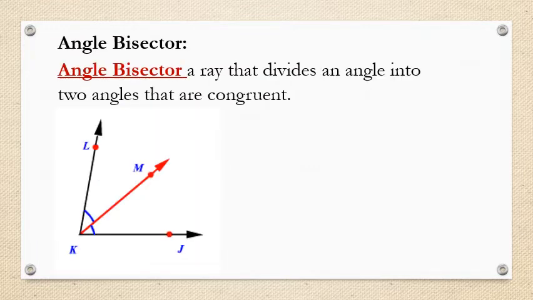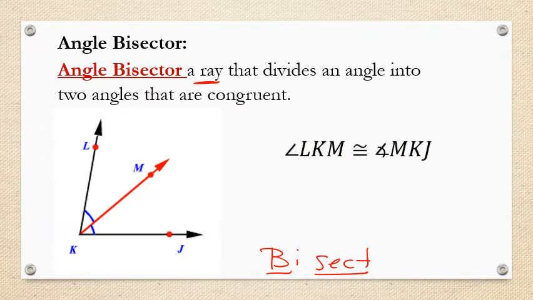All right, angle bisector. So if we think of the word bisect, that means 2 sections. So bisectors form 2 equal sections. The definition of a bisector is a ray which divides an angle into 2 angles that are congruent.